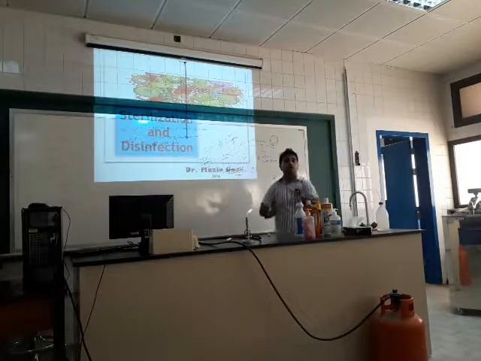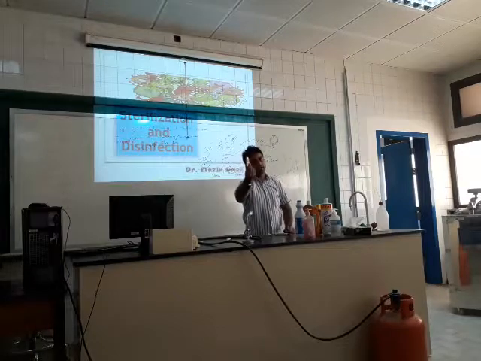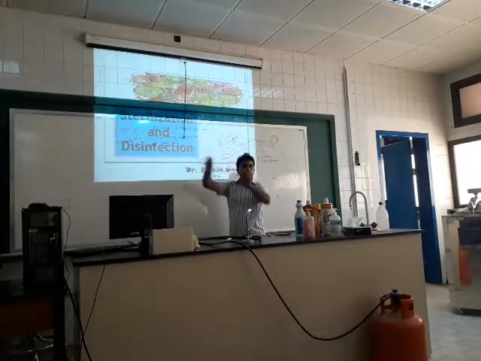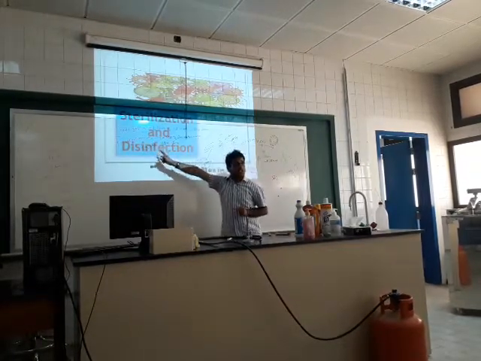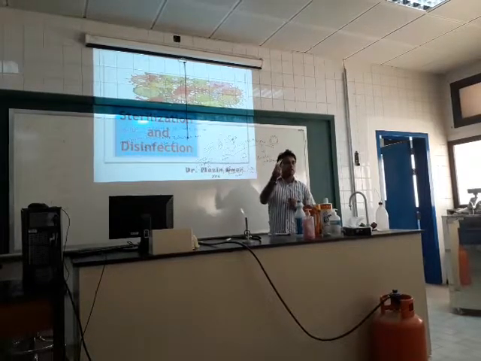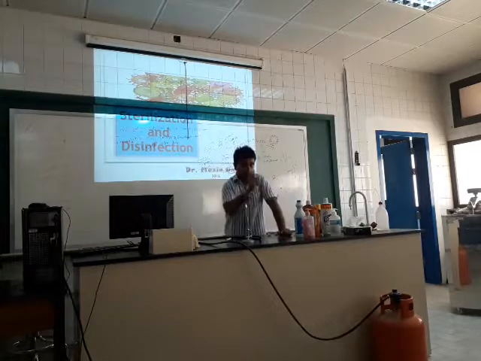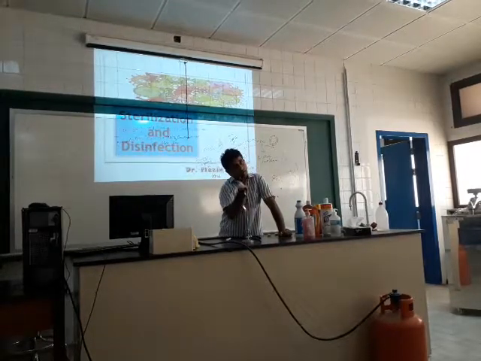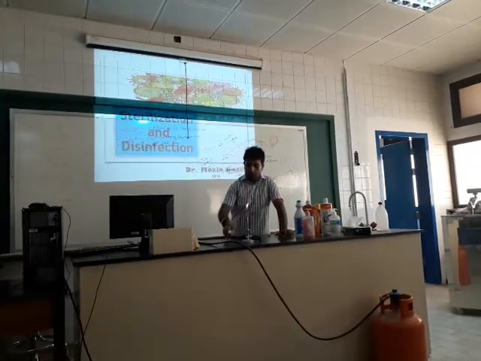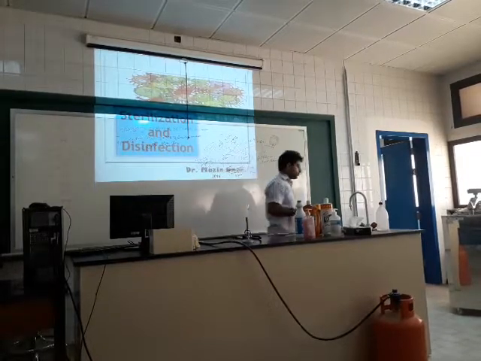The spore is germinated, and the bacteria come and cause infection again. In sterilization, everything is destroyed. But in disinfection, you cannot destroy the spore. But there are methods available by which you can destroy the spore.